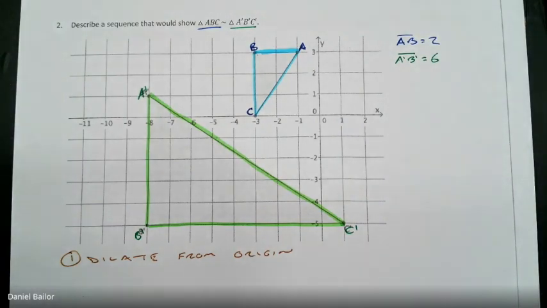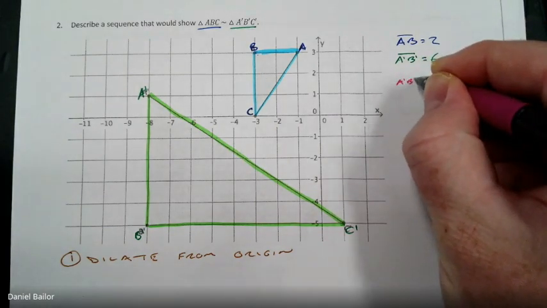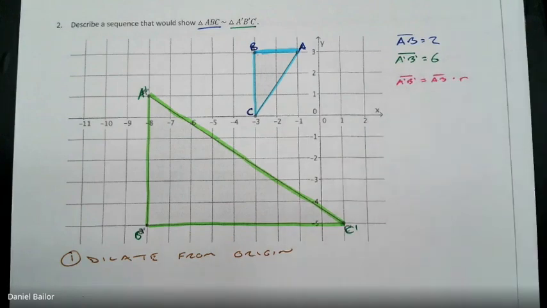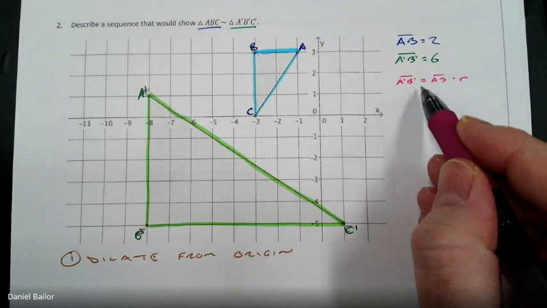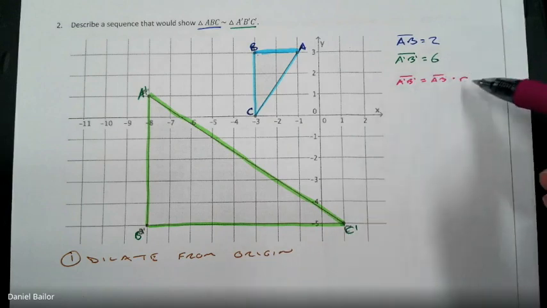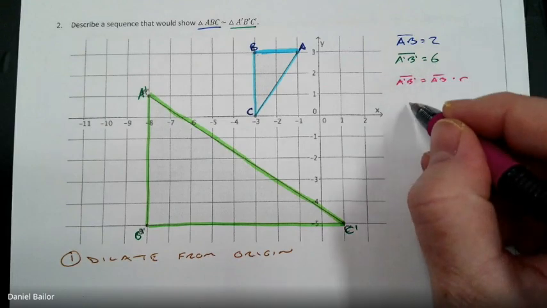We also know that the dilation equation says the prime one is going to equal the original times the scale factor. That's our dilation equation. So we're going to use this information and the dilation equation to find R. A prime, B prime was 6.